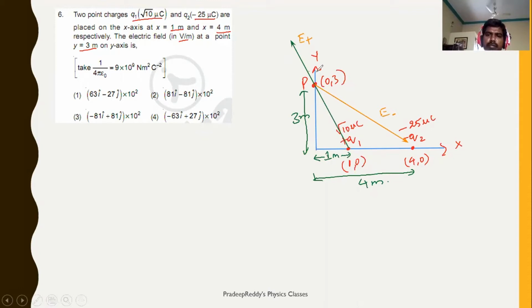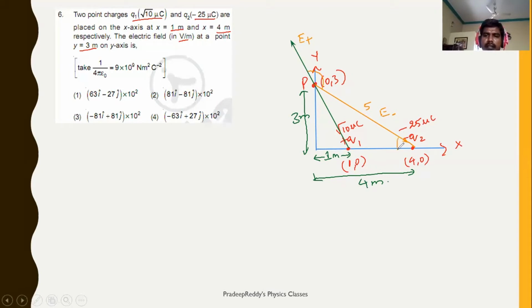The angle between these two is this. This length is 3 meter and this length is 4 meter, of course. It is 3 and this is 4. Obviously this will be 5, as it is 3 and 4, this should definitely be 5.